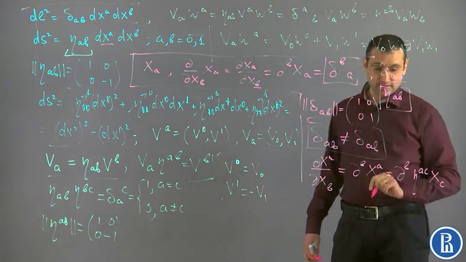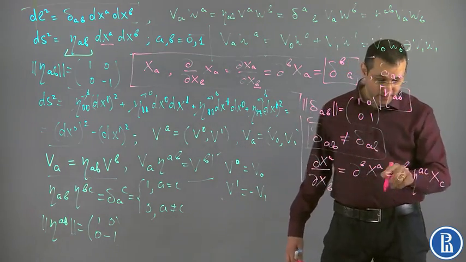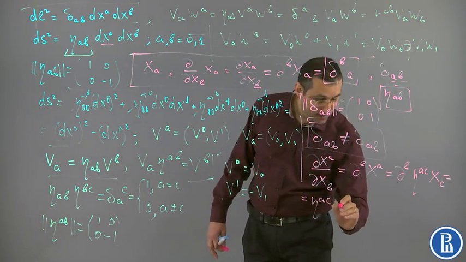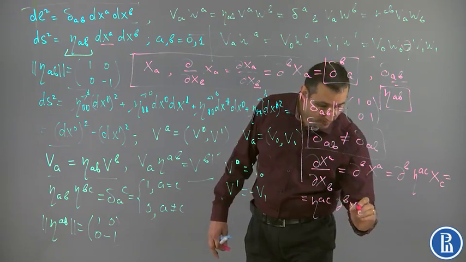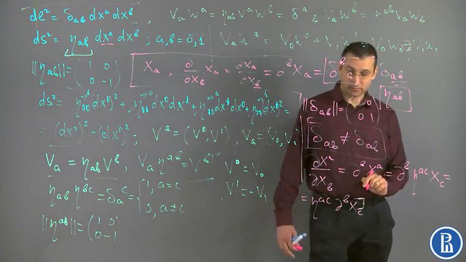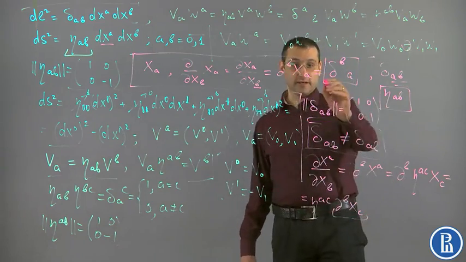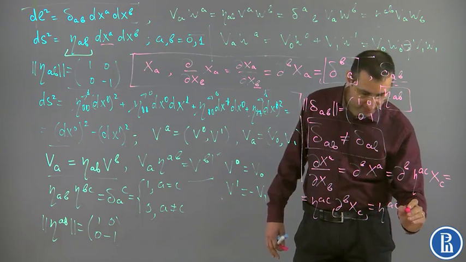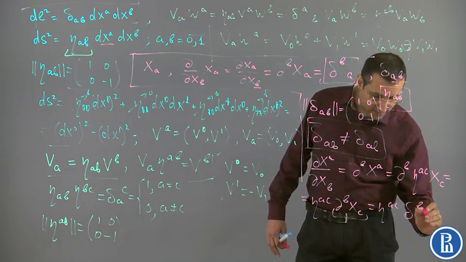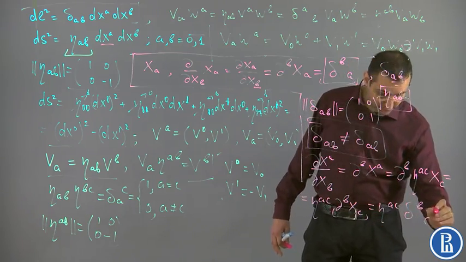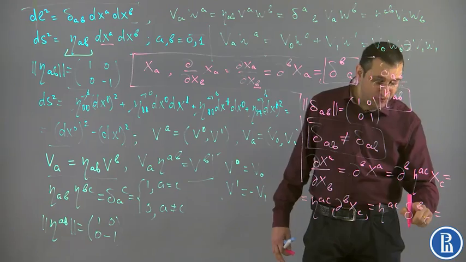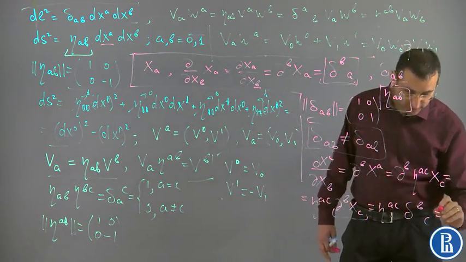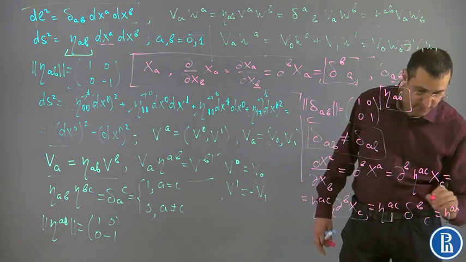But eta is a constant matrix, so it's x independent, so I can take it out. This is eta ac db xc. This guy we already know. This guy is this guy with different indices. So this is eta AC delta BC. But this is because it is equal to 0 when B is not equal to C, and to 1 when B equals C. This is nothing but eta AB.